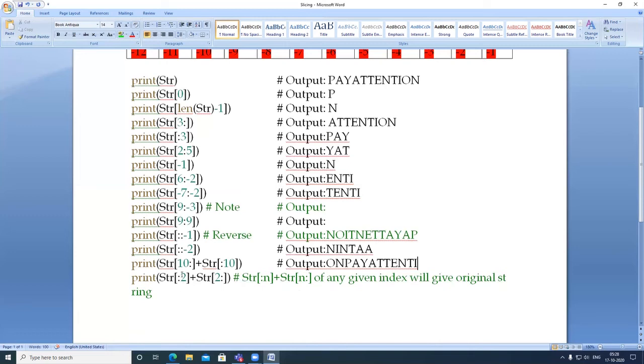Here in the place of 2, I can give 3, and in both instances I should have 3 or 5. Note, the n value should not be more than the length. If it is 5 colon and 5 colon, it is going to give me the original string as it is.